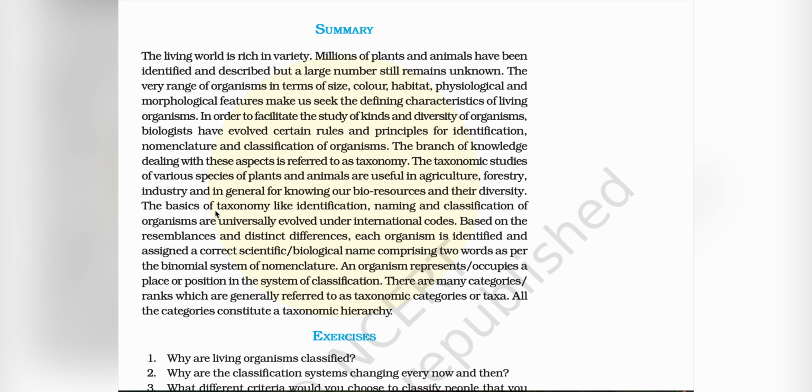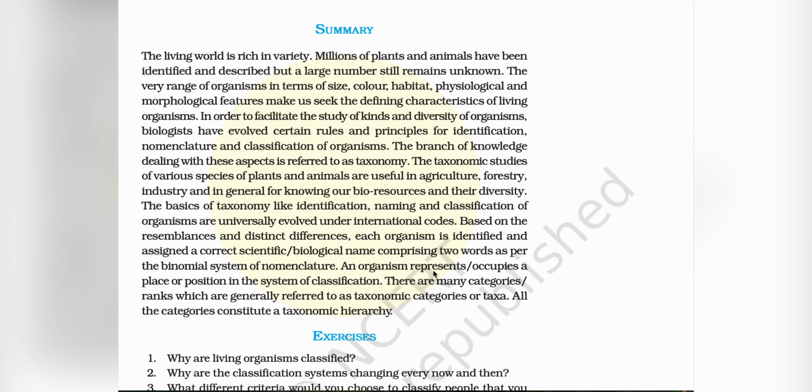The basics of taxonomy like identification, naming, and classification of organisms are universally evolved under international codes. Based on resemblances and distinct differences, each organism is identified and assigned a correct scientific or biological name comprising two words as per the binomial system of nomenclature.